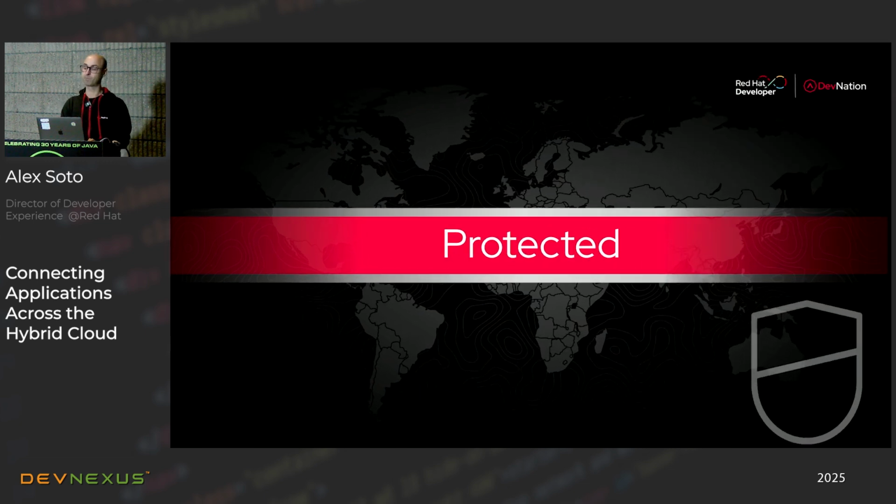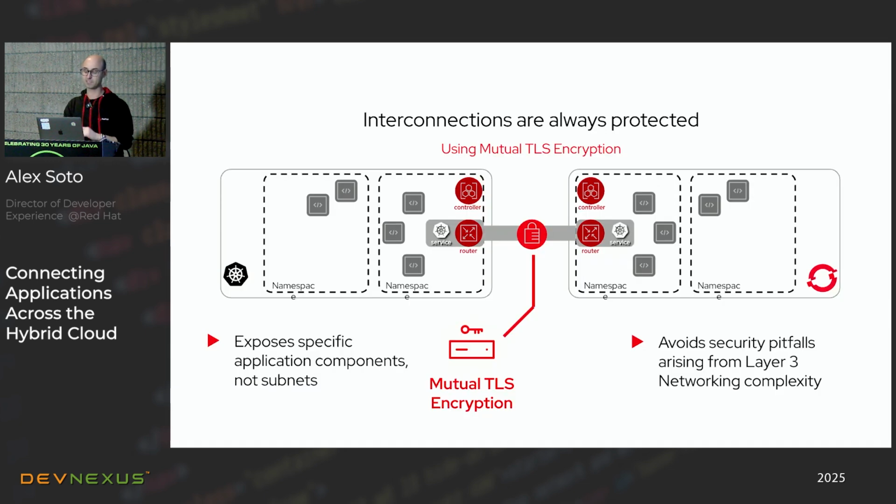Then, everything is protected. Remember that I said that all the connections in Skupper use TLS encryption, which means that it's protected. And another thing is that it only exposes the services that you want.